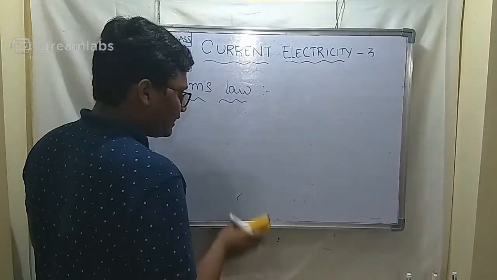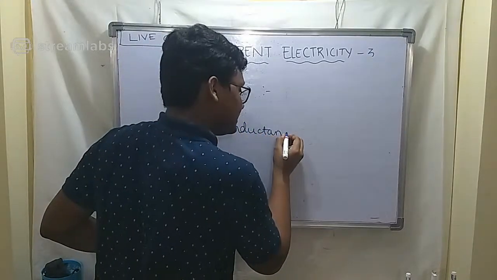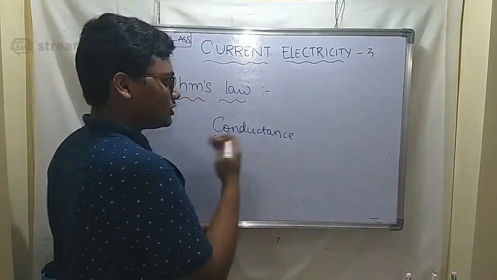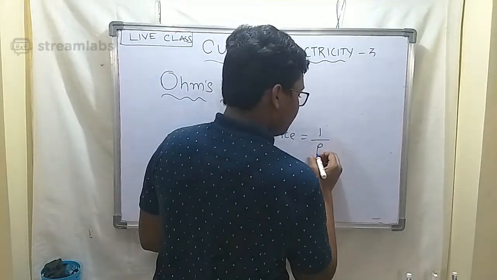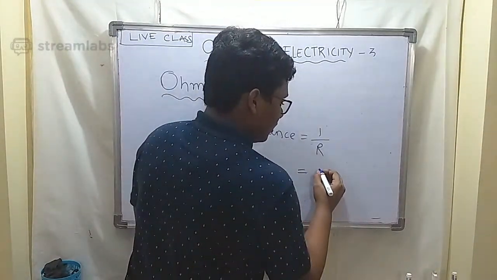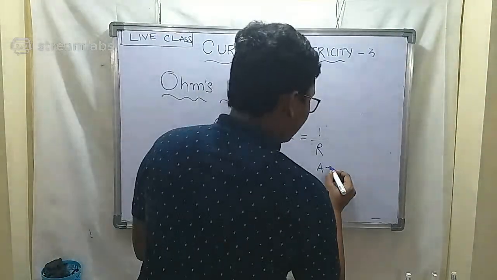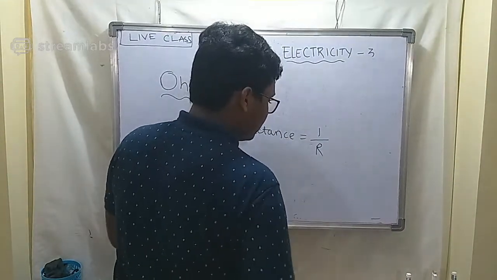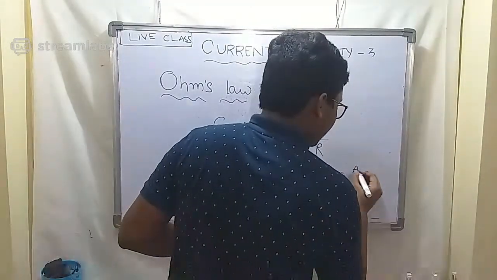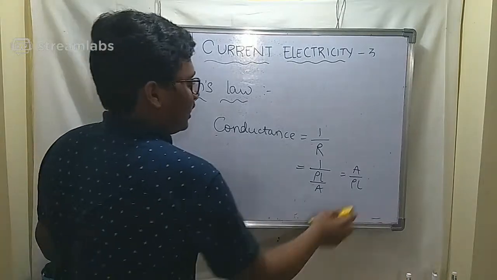Now conductance, the counterpart of resistance. It does not have any special symbol. It is equal to 1 by R, and 1 by R is equal to A by rho L. This is conductance, and this is Ohm's law.